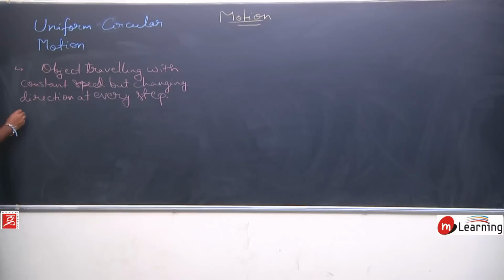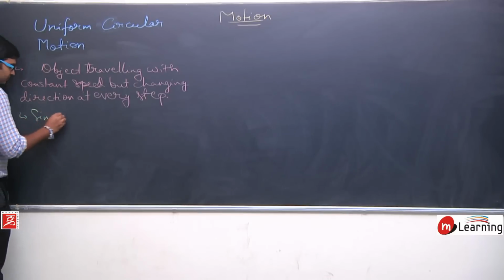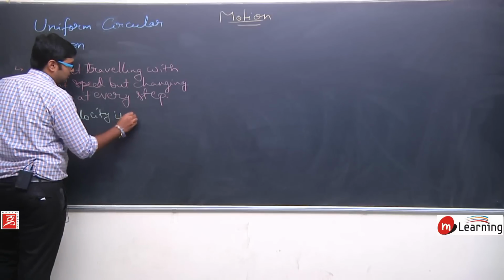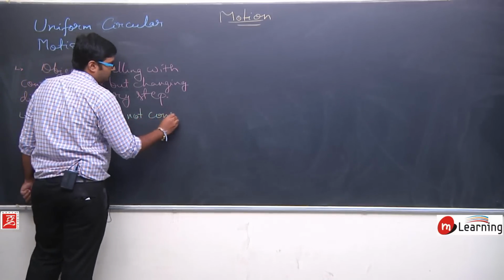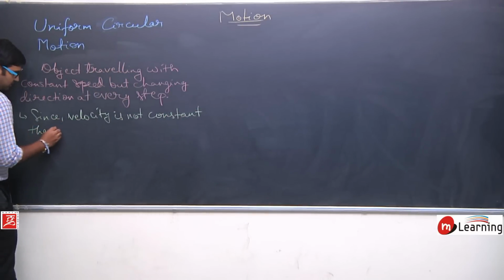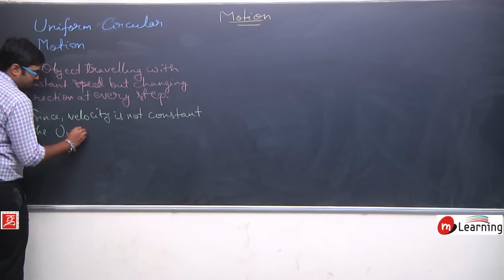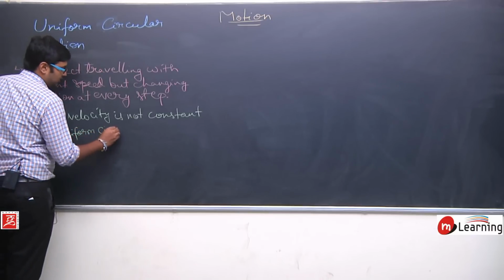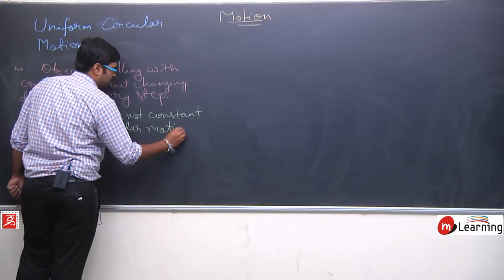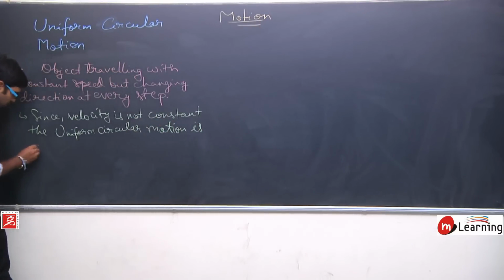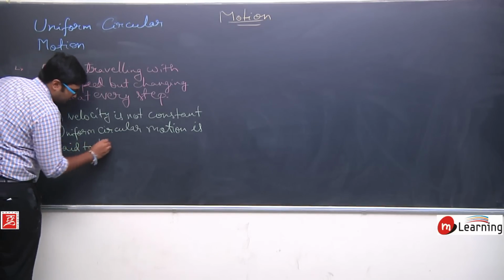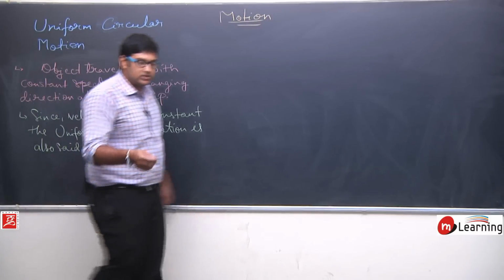So here we will write, since velocity is not constant, the uniform circular motion is also said to be... Now what can we say this uniform circular motion is?